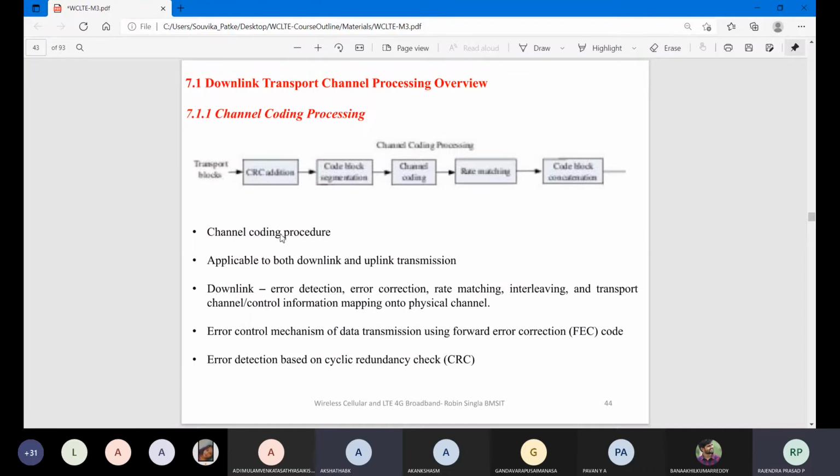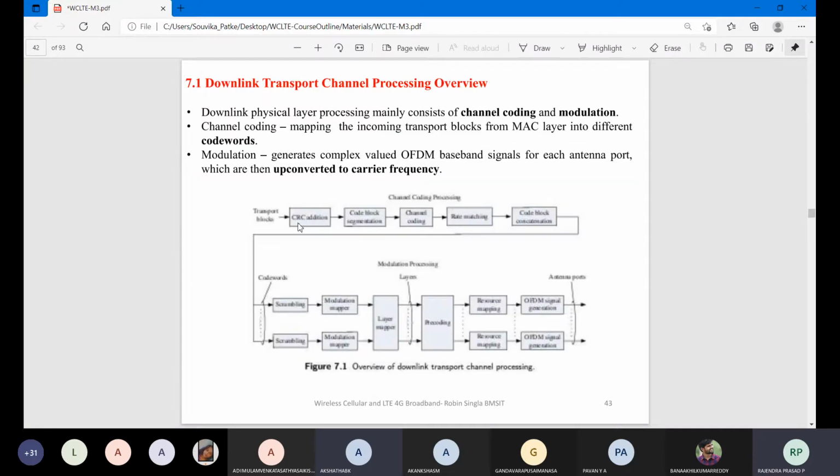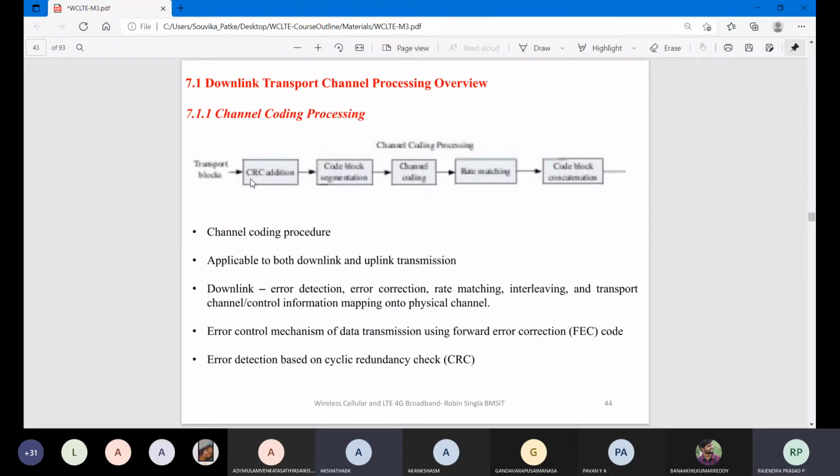So firstly, you can observe that this is the channel coding processing which we are going to have. Here we have CRC addition, code block segmentation, channel coding, rate matching, and code block concatenation.